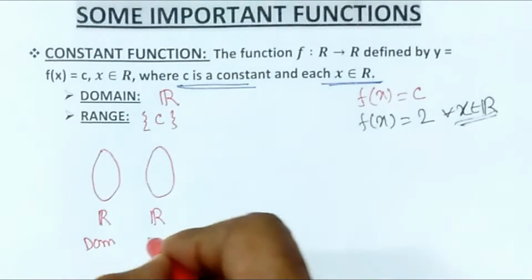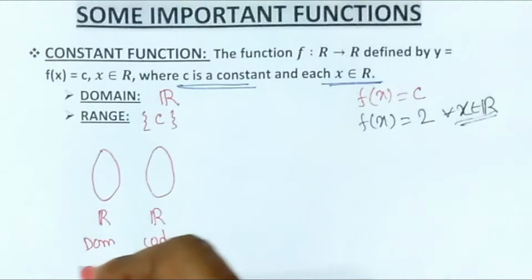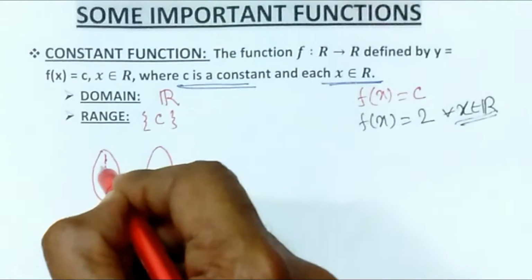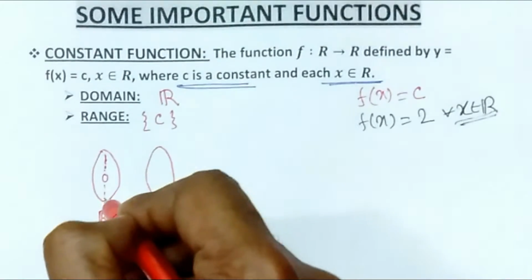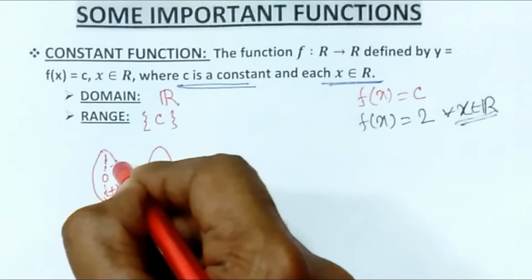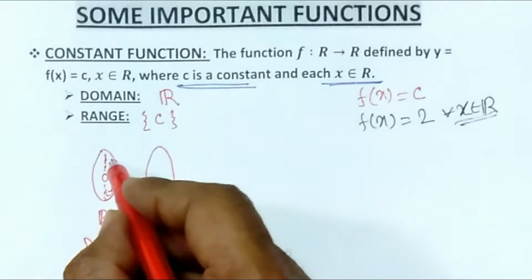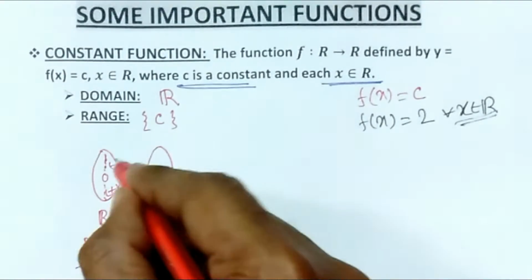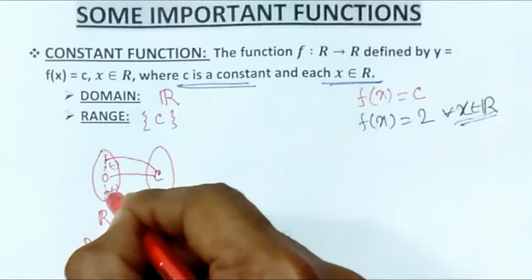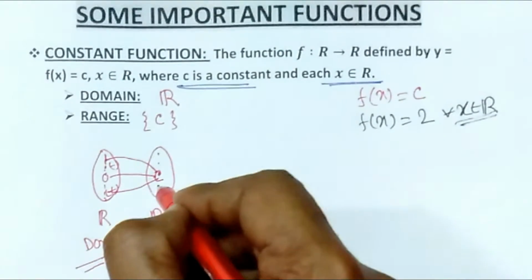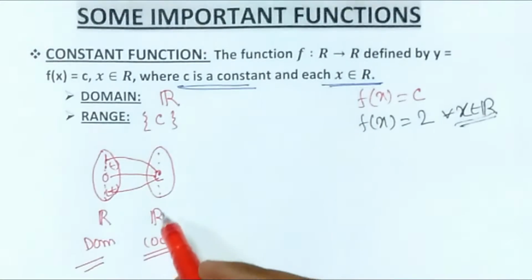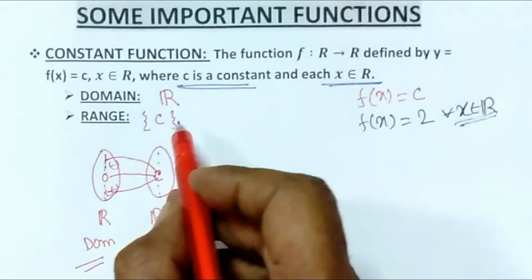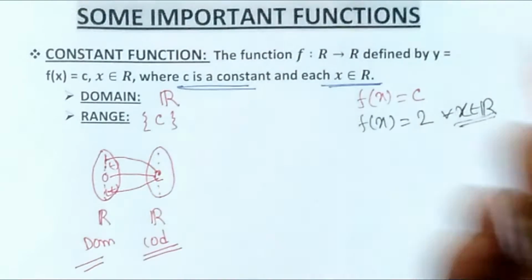Now suppose they are negative reals, 0, positive reals. Now for all the values, the points will map to a particular point c. There are so many points left in the codomain set also. So in this case, the range is the singleton set {c}.